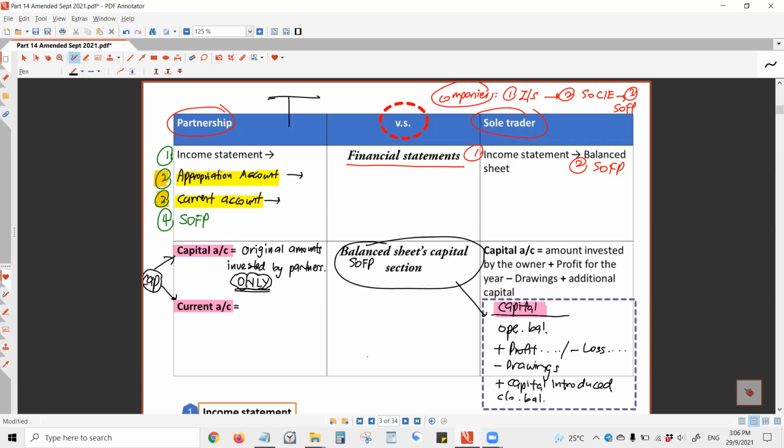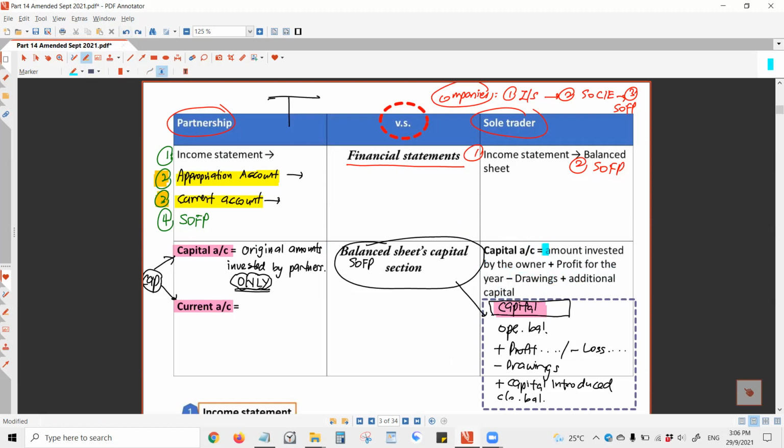So you see how it's different, right? For the sole trader's capital section, all the invested amount is mixed up with the profit for the year, with drawings, additional capital, and so on. Let me do the highlighting to show you the difference more clearly.